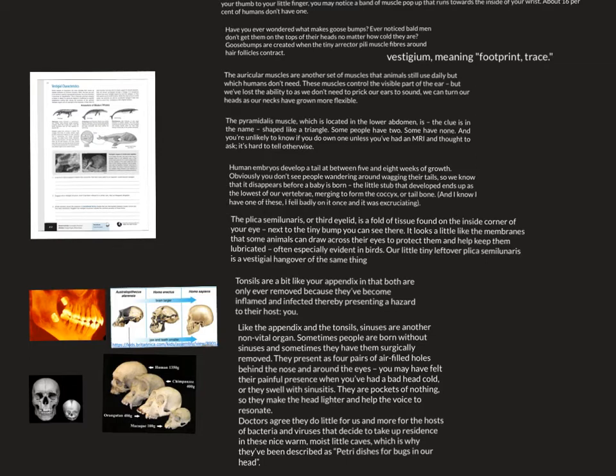The pyramidal muscle, pyramidal, let's go with that, is in the lower abdomen. It's shaped like a triangle, and unless you've had an MRI, you probably don't even know you have one, and it doesn't really do anything.